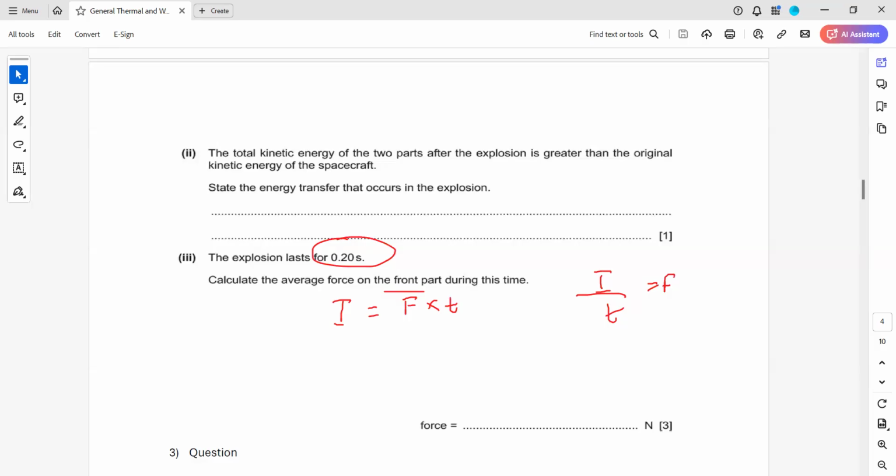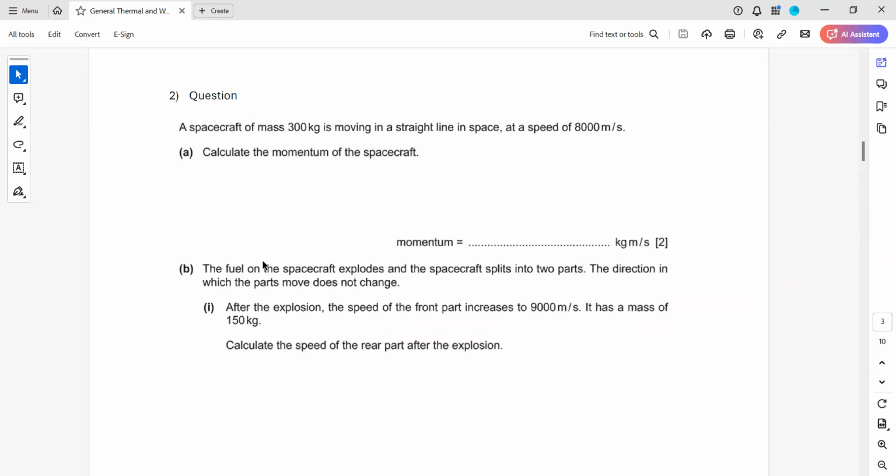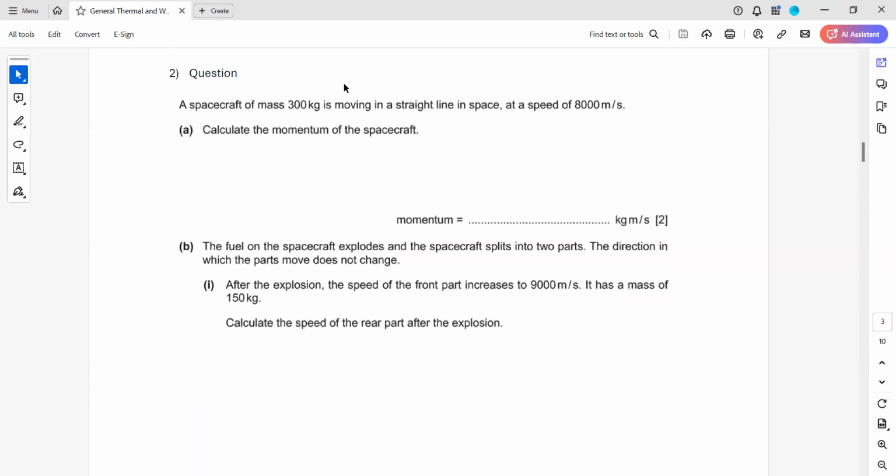If we consider that initially this was moving at a speed of 800. Say this represents, for example, a rocket with a front part of mass 150 and the rear part also mass 150. The whole rocket was moving at a speed of, we can use the formula F = ma. You will get the same result.